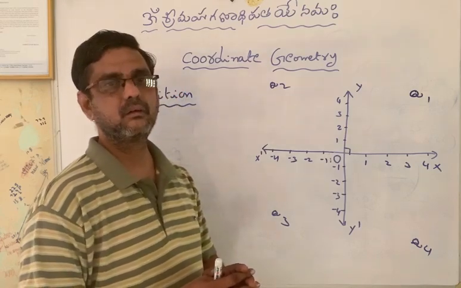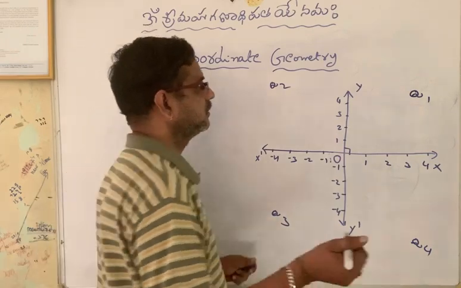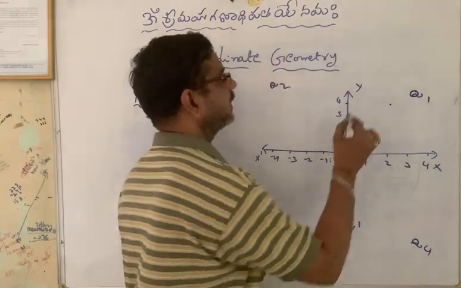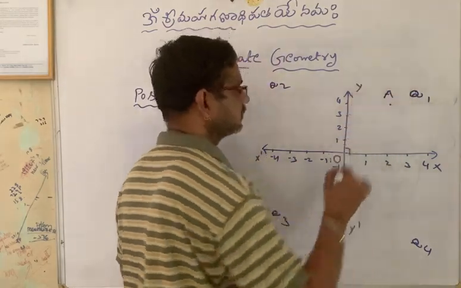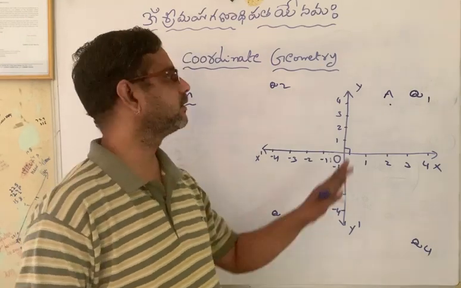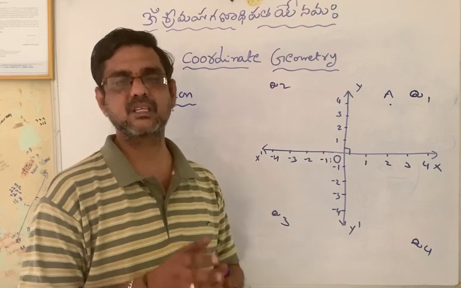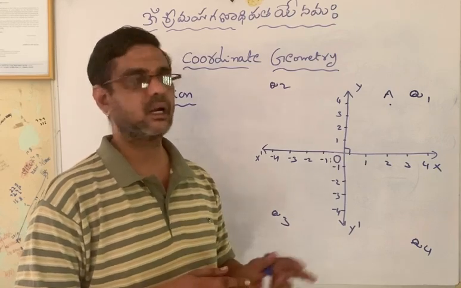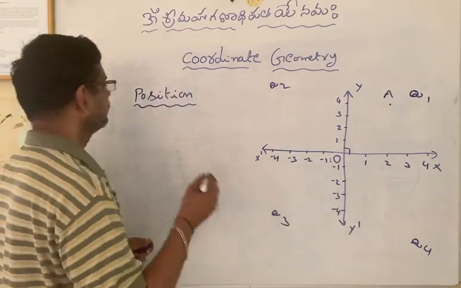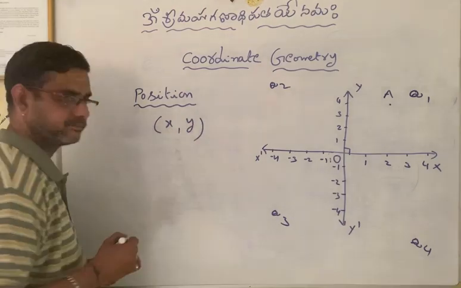Now, what we have done in class 9, suppose I kept a point over here and I name it as capital A. I want to find out its position. How to find out its position? Point A is in the first quadrant. And how can I tell its position? Here the position, its general form, is x comma y.